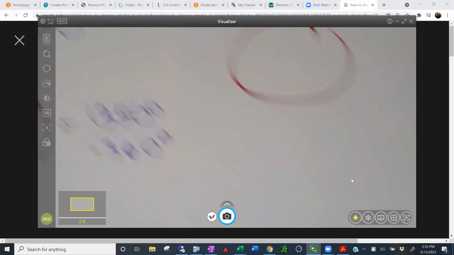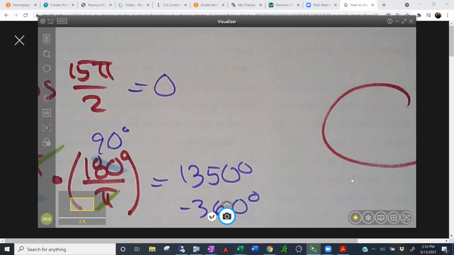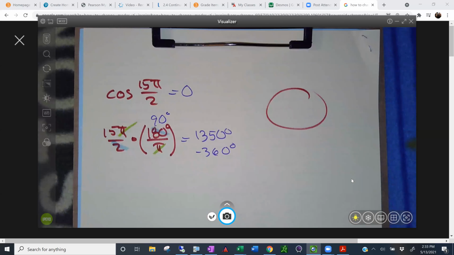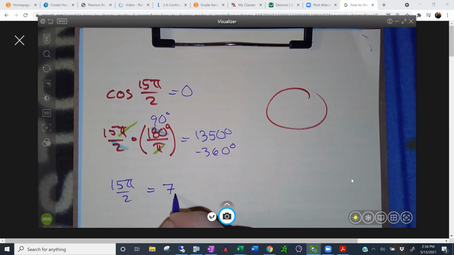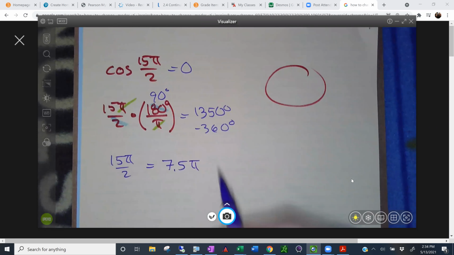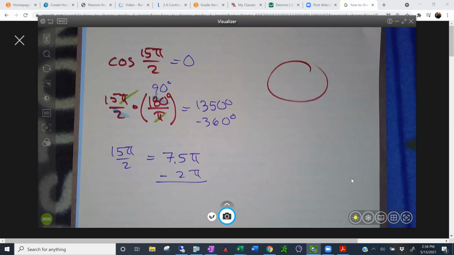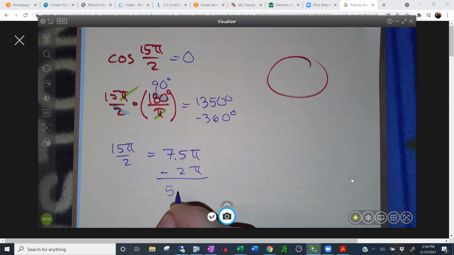You could play the same game in radians. It's a little bit harder in radians because it's not a nice even 360. But if you're working in radians, 15 pi over 2 you could call 7.5 pi. Once around the unit circle in radians is 2 pi. So I subtract that off and end up with 5.5 pi.